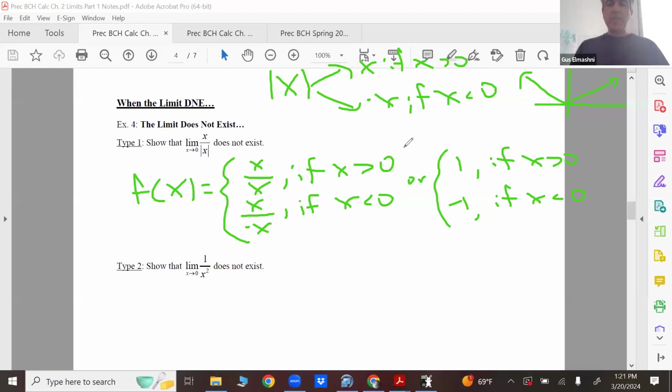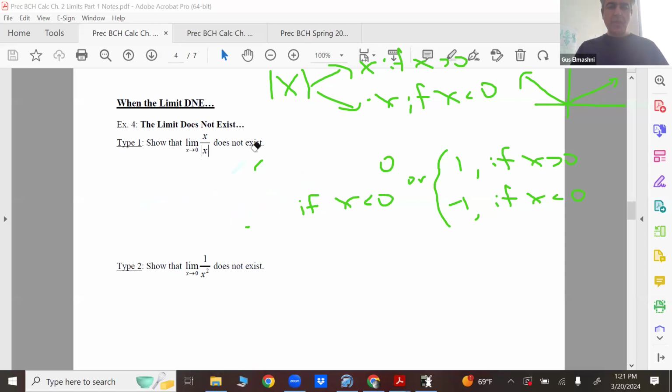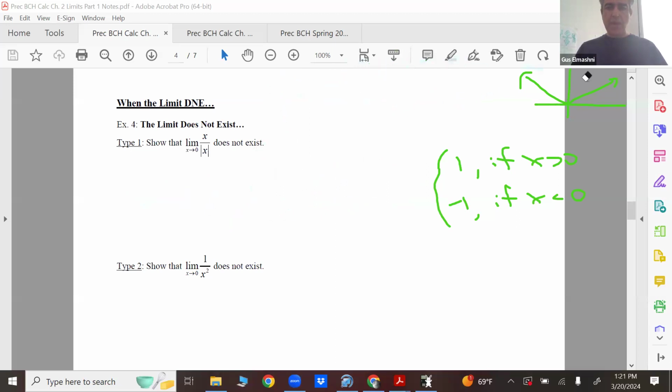So here's the deal. If I were to graph this, it's getting kind of busy, so let's just focus on this. Really, it's a piecewise function. I got myself a piecewise function.